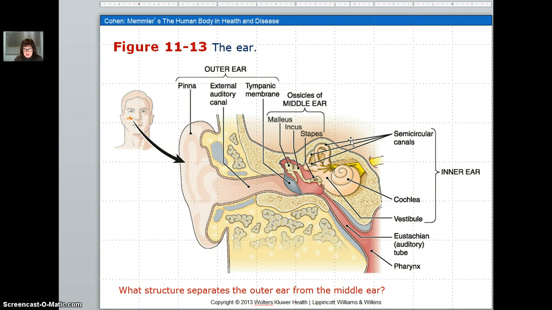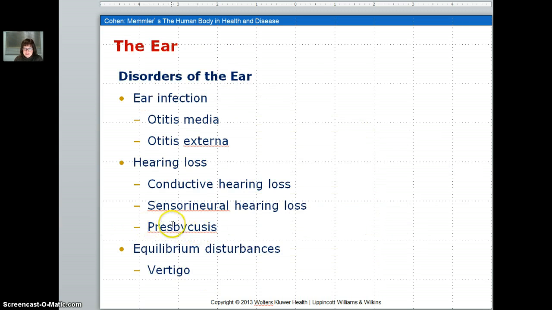You can also have, and this can be fixed with a cochlear implant, a sensory neural loss, which means the nerve is not carrying it. Notice there is a presby word in there. Anytime you have presbycusis, like presbyopia, pres means old, so this is losing your hearing because you're getting old. Usually what happens is either your tympanic membrane isn't functioning properly if you have a burst eardrum, or you're wearing out those hair cells, those very important hair cells.